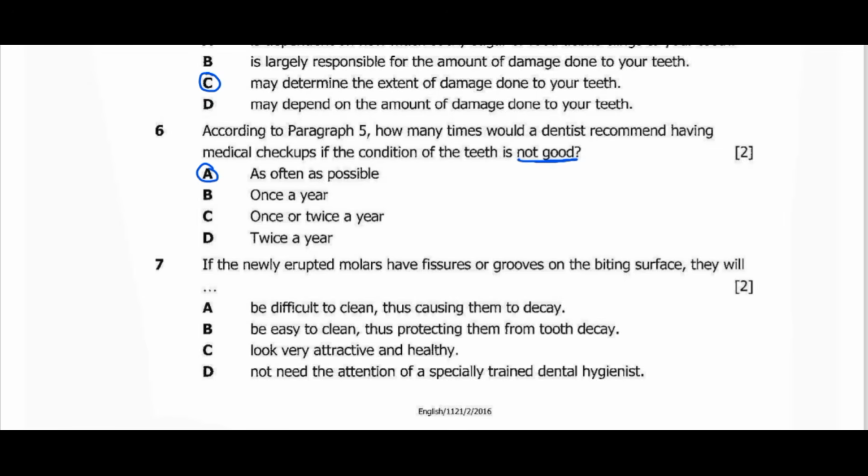Now for 7, if the newly erupted molars have fissures or grooves on the biting surface, they will A, be difficult to clean, thus causing them to decay. B, easy to clean, no. Look very attractive, no. Not neat. So the answer is C. They will be difficult to clean, thus causing them to decay.